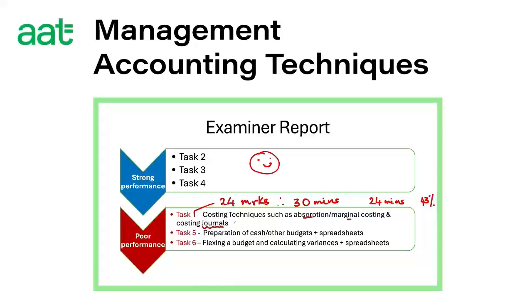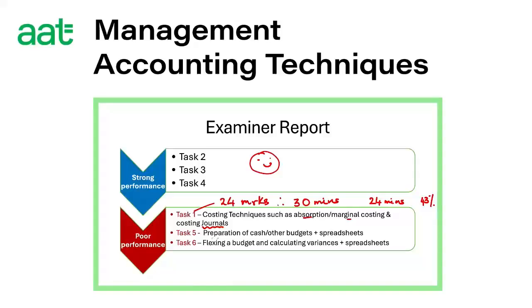Now, for some of you, this particular exam might be the first exam you take, so you might be a bit rusty or perhaps unsure about the debits and the credits. Now, we'll have a look at what the examiner says about the journals as well in a minute. But yeah, so journals are an area you must be pretty good at in order to pass this exam, I would say, or in order to do well in this first task.